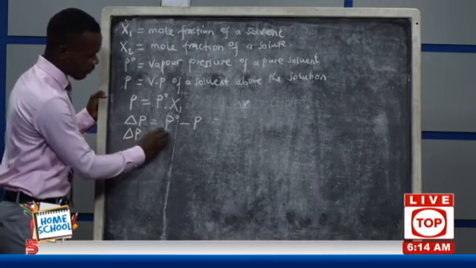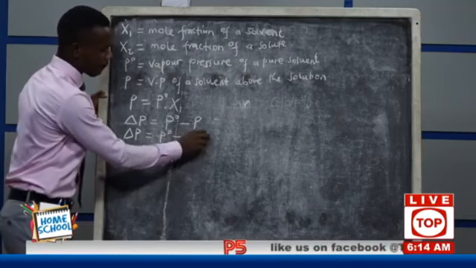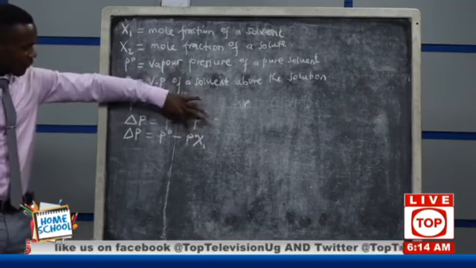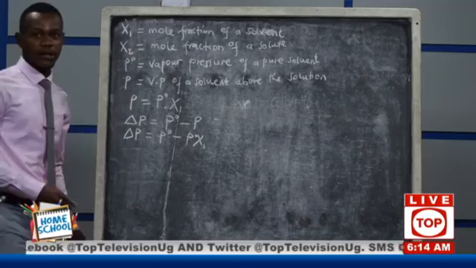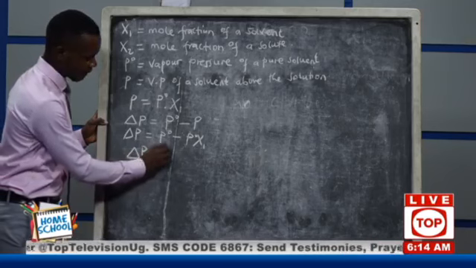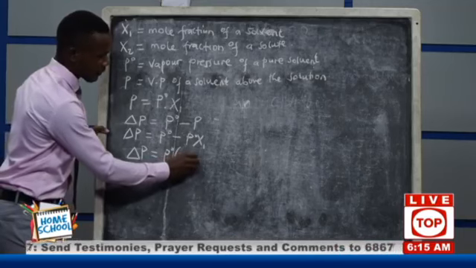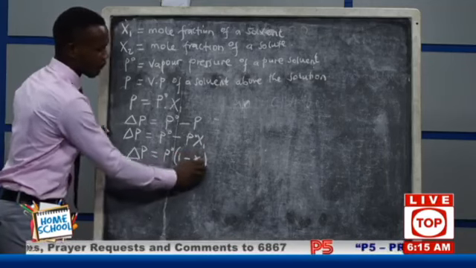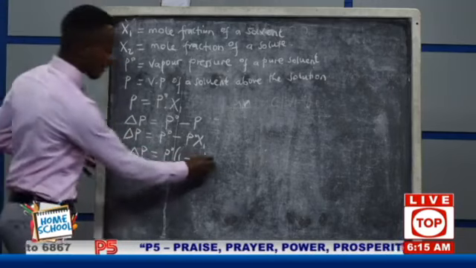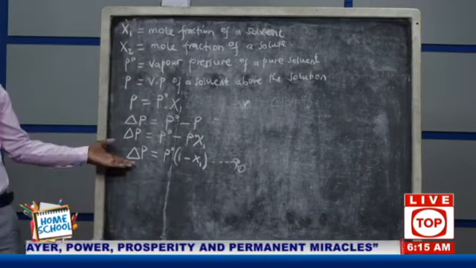Change in pressure will be equal to P naught minus P naught times the mole fraction of the solvent. In mathematics, if we have a common term, we factor it out. So the change in pressure will be equal to the vapor pressure of the pure solvent times brackets 1 minus the mole fraction. When we get this one, we call it our equation 1.